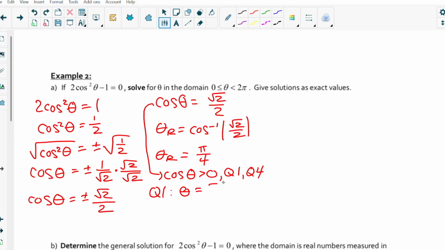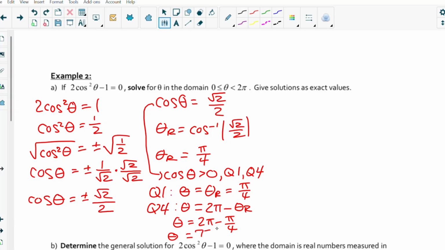In quadrant 1, my angle in standard position equals the reference angle, which is just pi over 4. In quadrant 4, angle in standard position equals 2 pi minus my reference angle. So my angle equals 2 pi minus pi over 4, which is 7 pi over 4. So I have one solution there, another solution there.